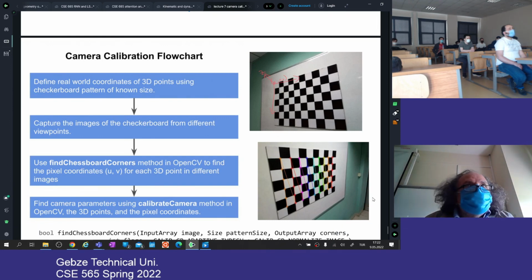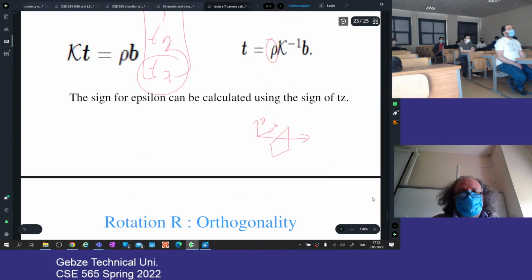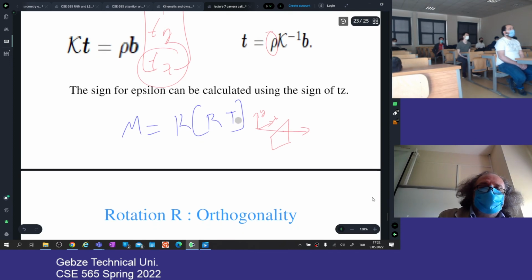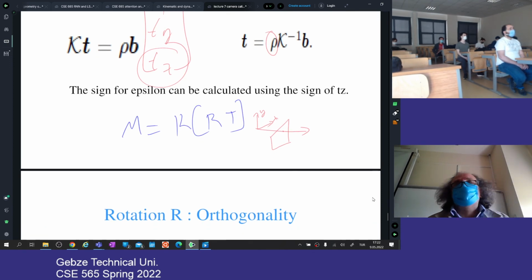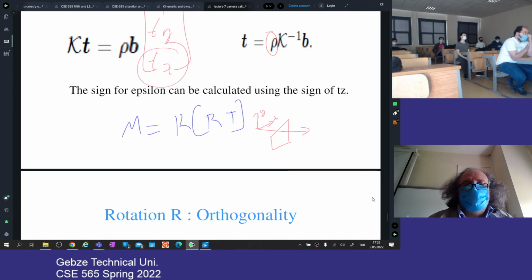Camera calibration: if you know your K, R and T values, remember M is equal to K, R, and T. If you have two cameras in your setup, left camera and right camera, and you know K1, R1, T1, K2, R2, T2, remember I gave you the formulas, you can calculate your essential matrix or fundamental matrix out of those.